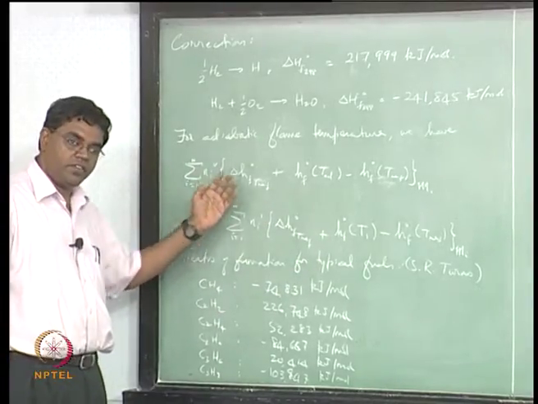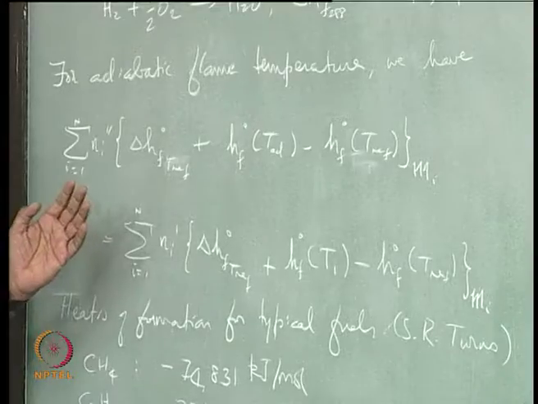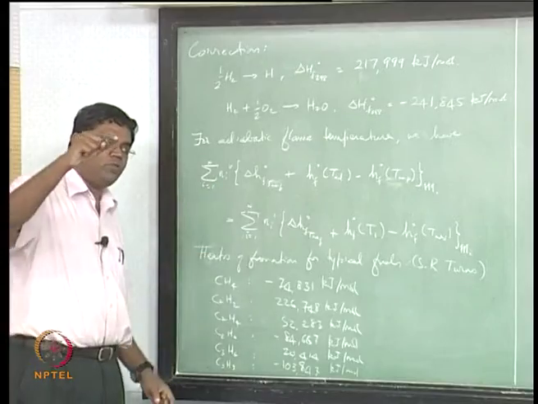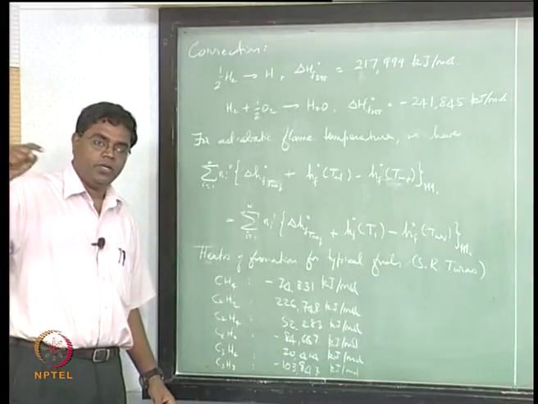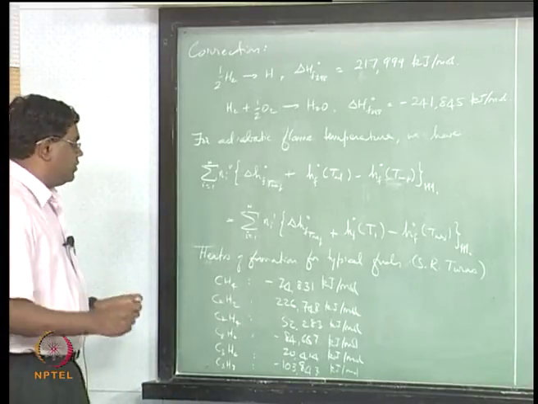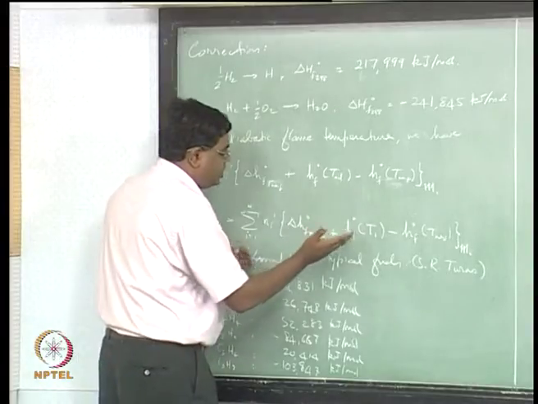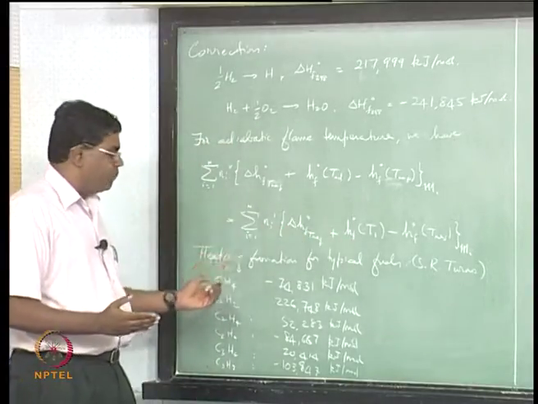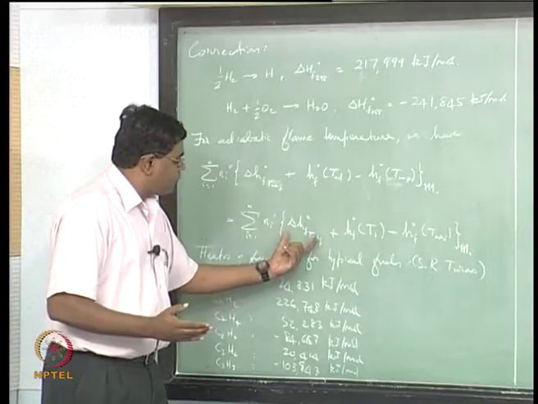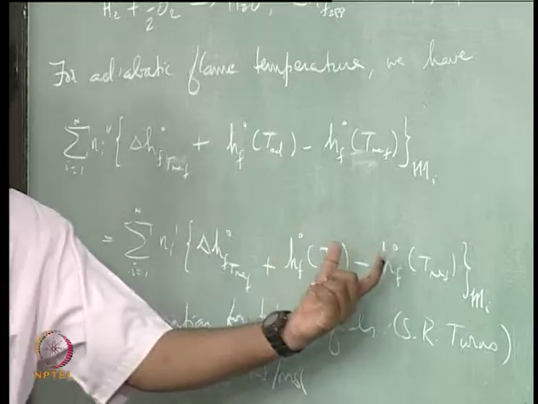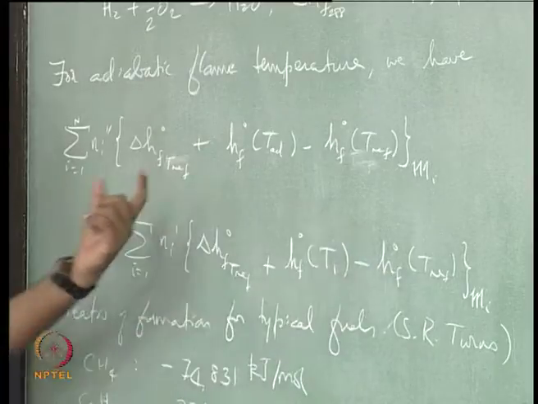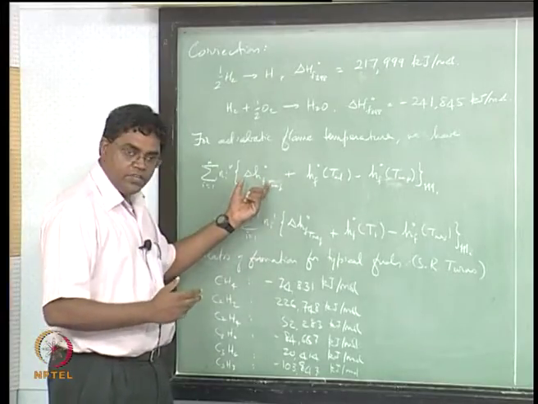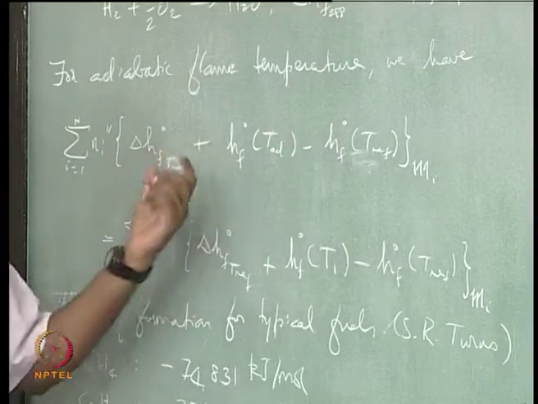We recognize that these heats are all enthalpies and these are state variables, so it's sufficient for us to go from one state to the other. The way we are doing this is decomposing the enthalpy of the reactants into the standard heat of formation and the sensible enthalpy, and we are also decomposing the enthalpy of the products into their standard heats of formation and their sensible enthalpies. That is what we have done.